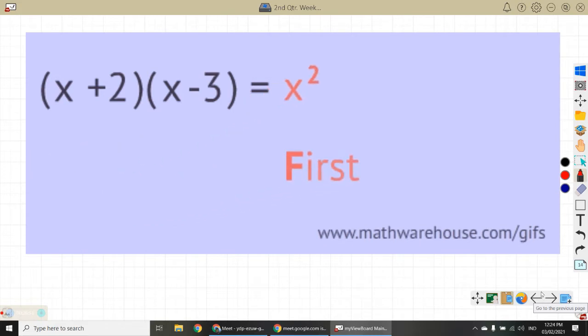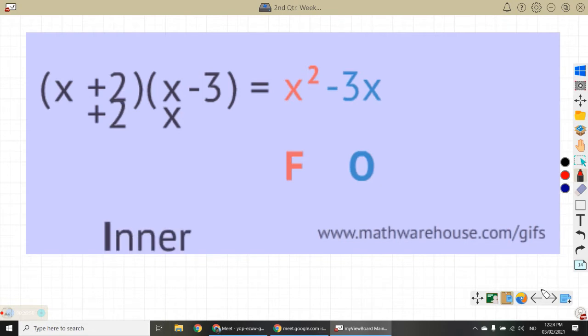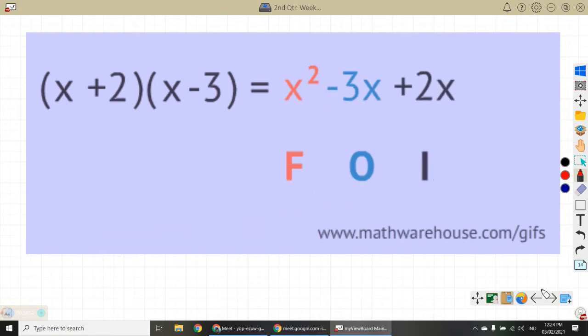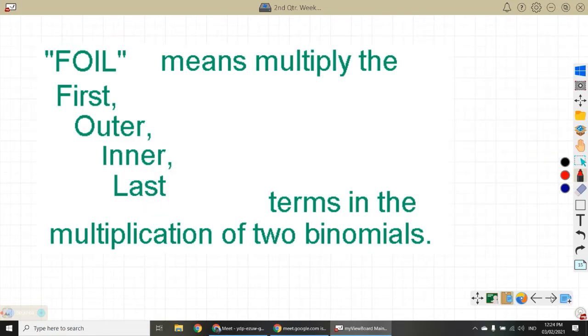Okay. First term to first term. Outer terms to outer terms. Inner terms to inner terms. Last term to last term. Okay? Next. Tapos kino-combine. Last one. So, FOIL method pa rin. Using two binomials, ito, you can do this din para makita ninyo, no?